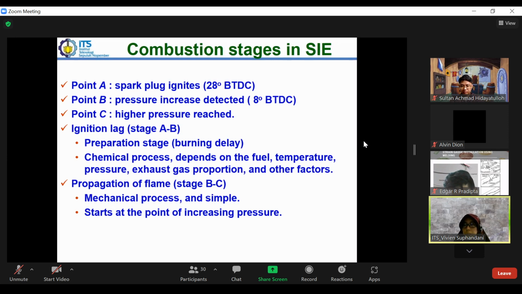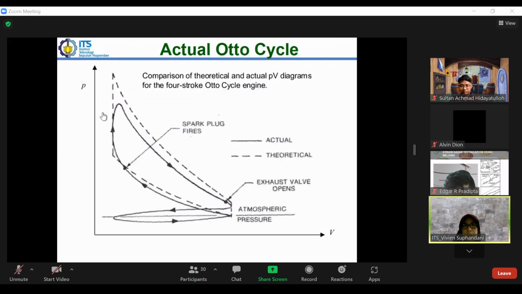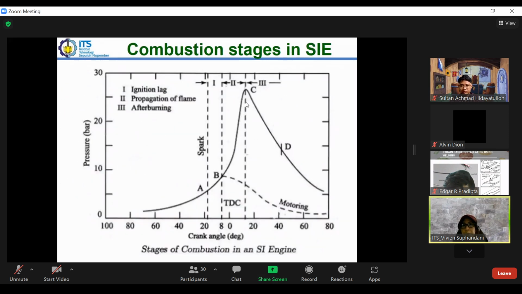The flame starts at point B and continues until the maximum pressure is reached, and afterwards we have the after burning process.